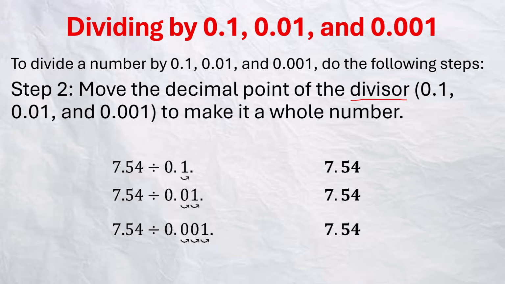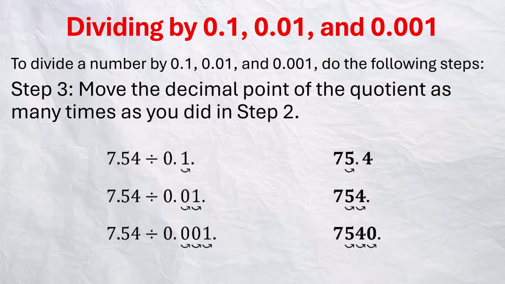So if our divisor is 0.1, we move one space to the right. If our divisor is 0.01, we move two spaces to the right. And if our divisor is 0.001, we move three spaces to the right.